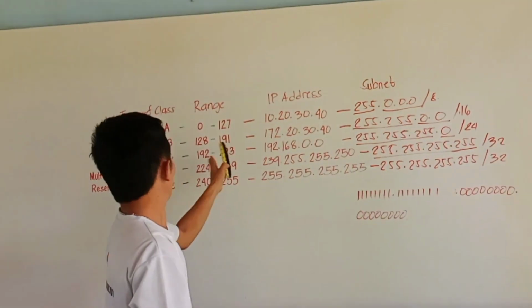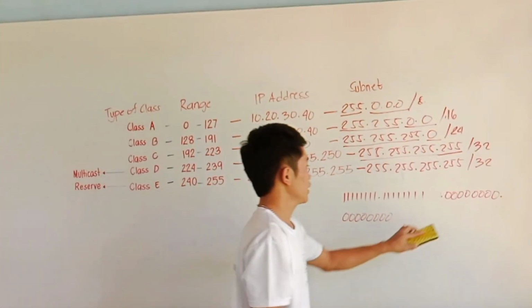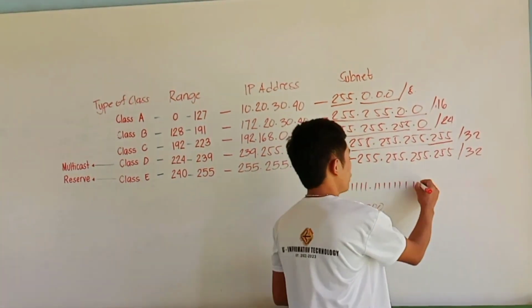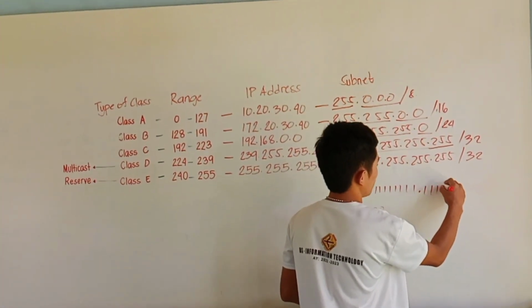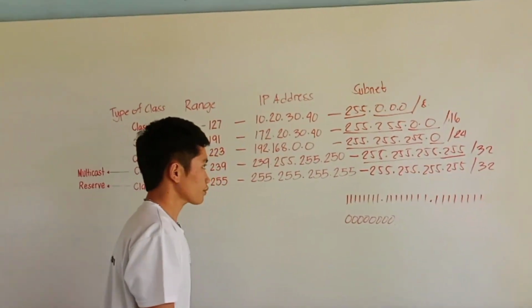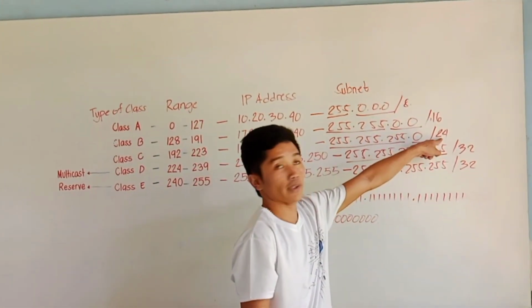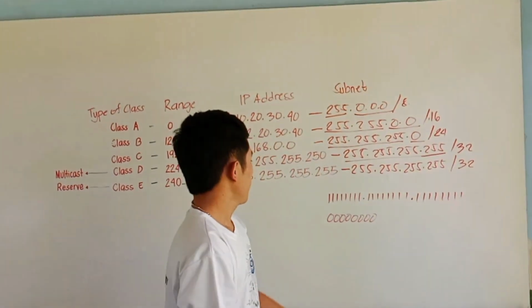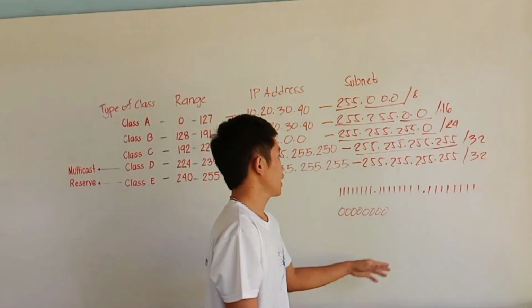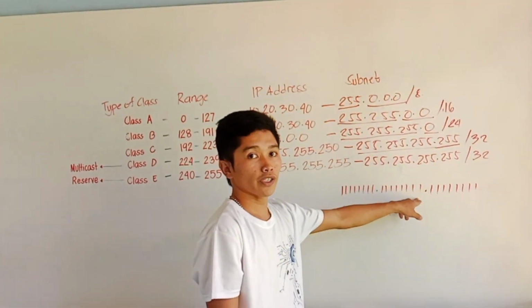Then for the third class, which is class C, we're going to replace again this 0 with 1, 2, 3, 4, 5, 6, 7, 8. So, as you can see, it will become 24 bits because the three networks for our subnet are composed of 24.